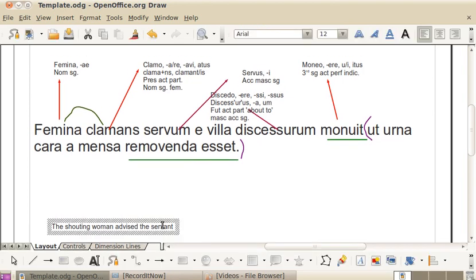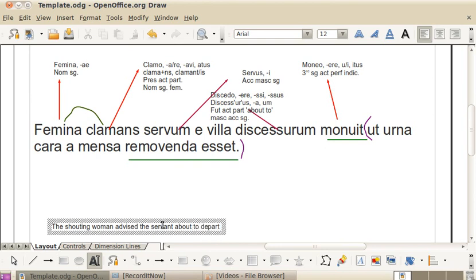So let's go and translate that. The shouting woman, or the woman shouting, advised the servant. Discessurum means to go away, or to leave, or to depart. So the shouting woman advised the servant about to depart a villa.